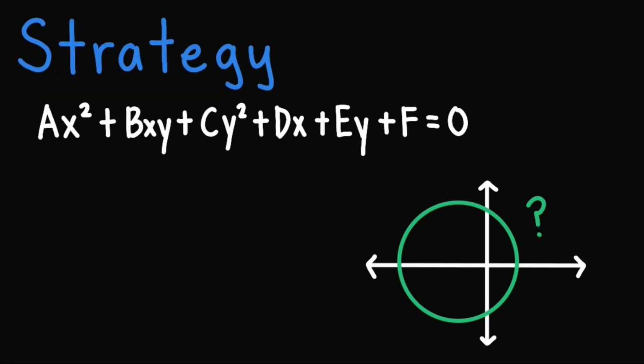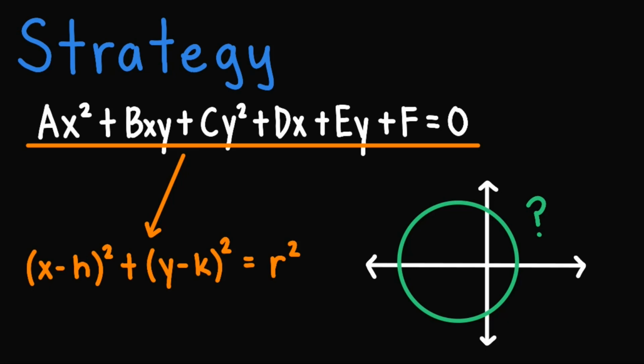But for our strategy, given the standard form, we know how to convert this into its center radius form. If you don't know how to do that, I can link a video somewhere around here discussing how to do this.